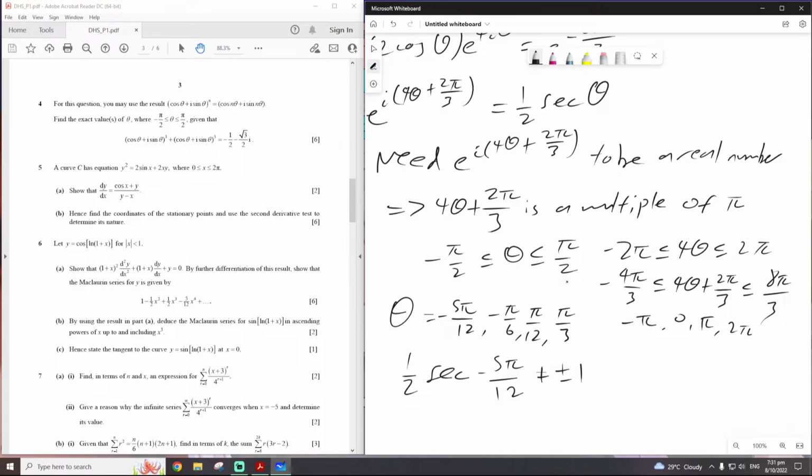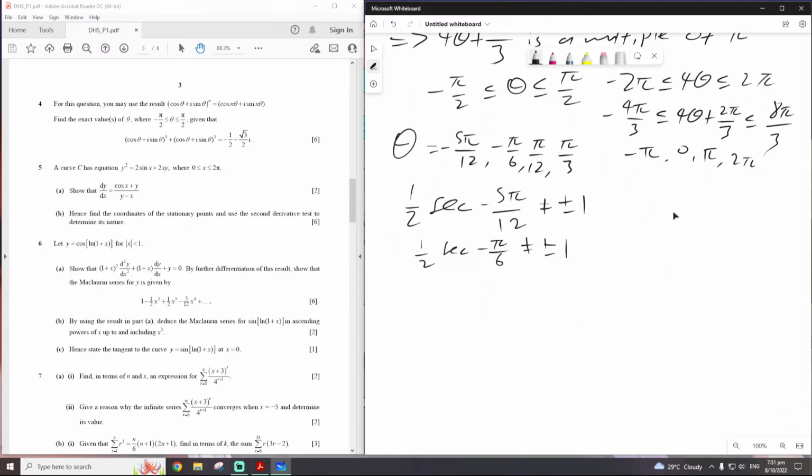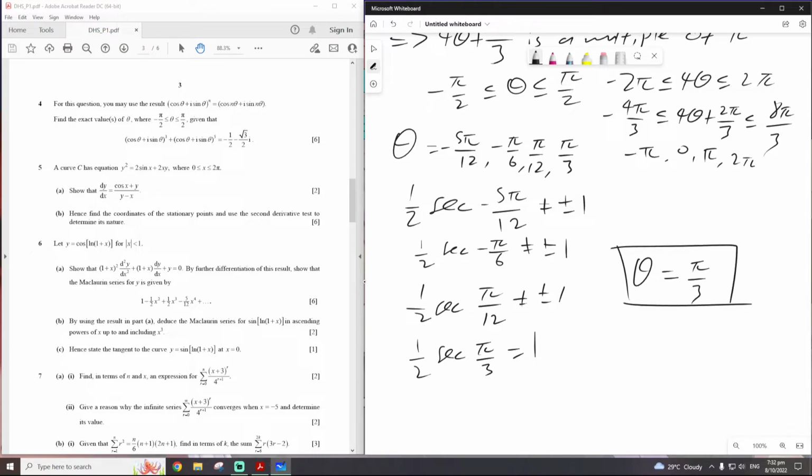Half secant negative pi over 6 is also not equal to plus minus 1. Half secant pi over 12 is also not equal to plus minus 1. In fact, the only solution is half secant pi over 3. This is equal to positive 1. So therefore, theta equals pi over 3 is the only solution. We did all that work and found only one solution, but true enough, there's only one solution.